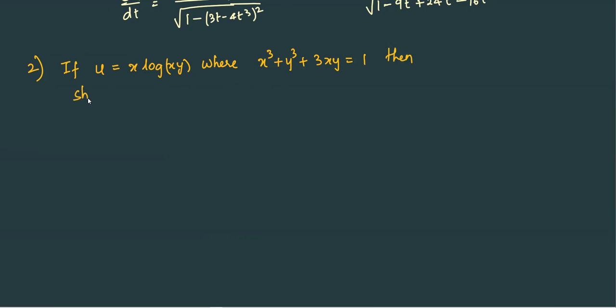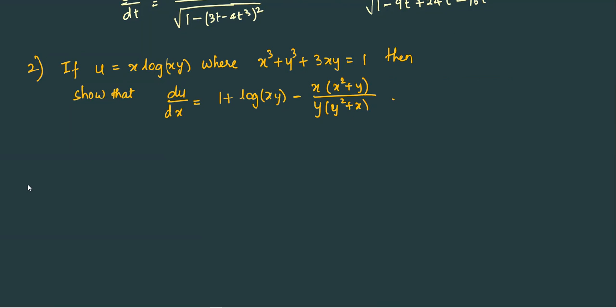then show that du by dx is equal to 1 plus log of xy minus x times (x square plus y) by (y square plus x). Now, for this, see, this is an explicitly defined function.